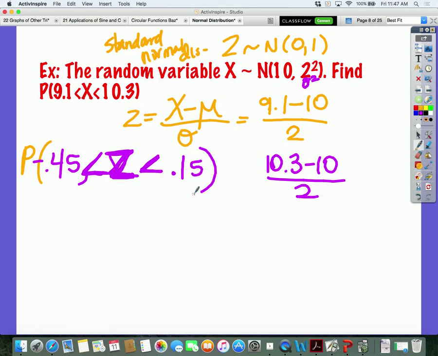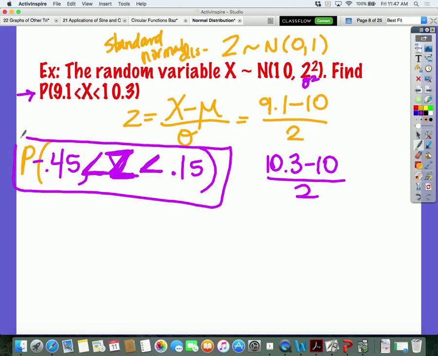So this will be the setup for a normal distribution. This here is the setup for a standard normal distribution. And you guys can find this probability. We just practiced that. Yes? Where did the 10.3 come from? From what they want us to find the probability of.